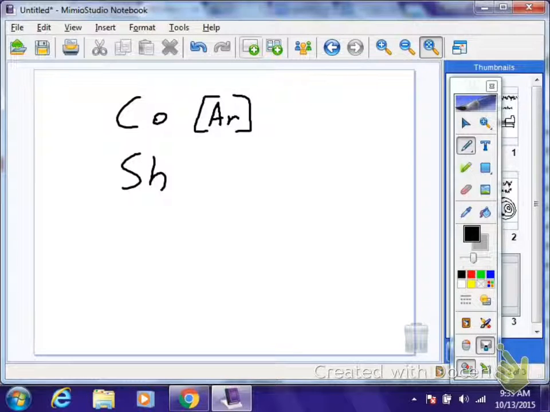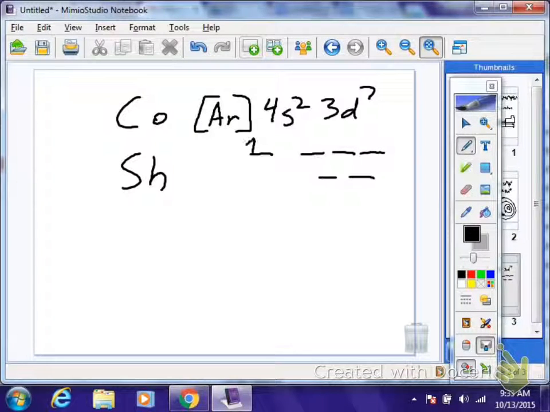This is the 4th period, so we go 4s2, and then we count over 1, 2, 3, 4, 5, 6, 7. 3d7. Then when we do our lines underneath, the D's have 5 possible orbitals. We fill them in one at a time until we have to pair them up. And that would be your answer for cobalt.